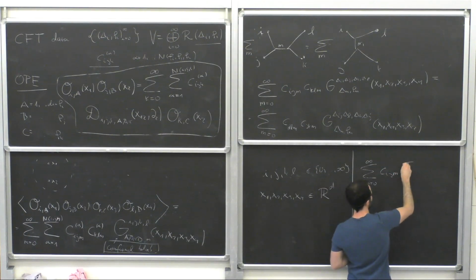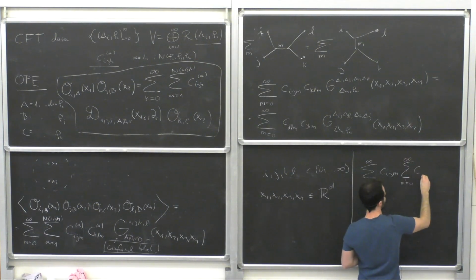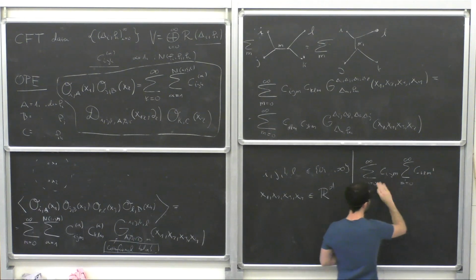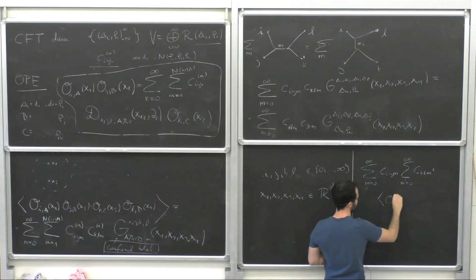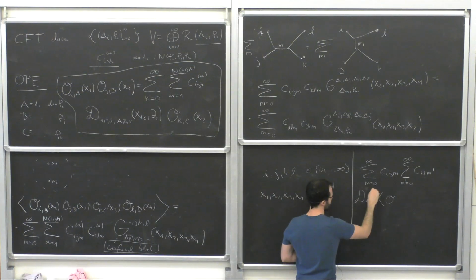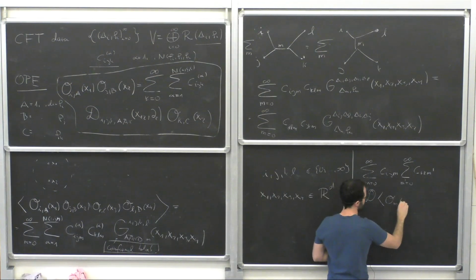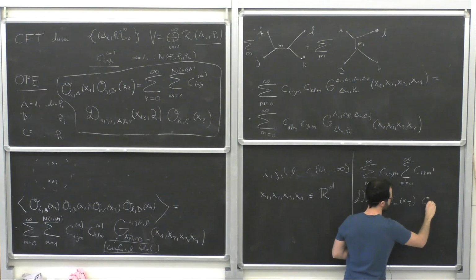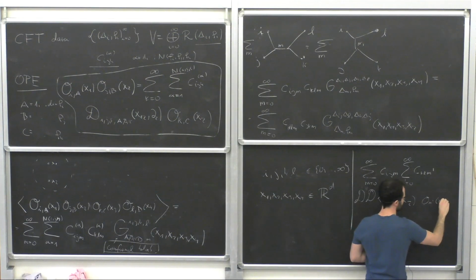And then you can do the OPE on 3 and 4, and you'll be summing over M prime, so you would have C_KLM' times something complicated, but basically you're going to end up with a 2-point function. There are some differential operators, but ultimately you have a 2-point function of O_M(X2), O_M'(X4).